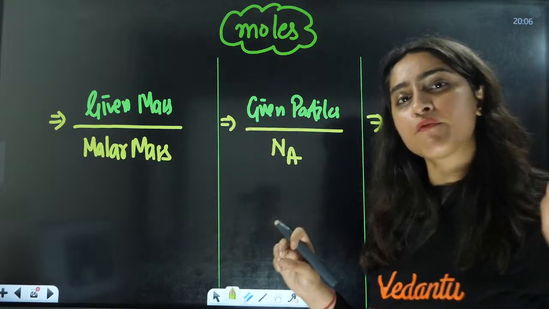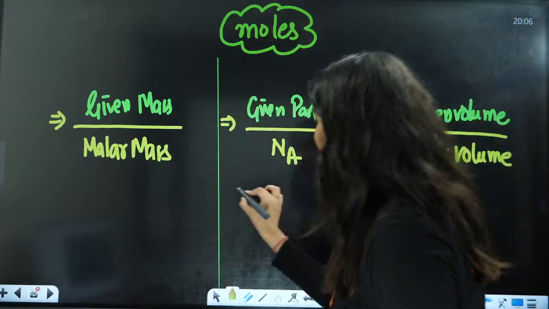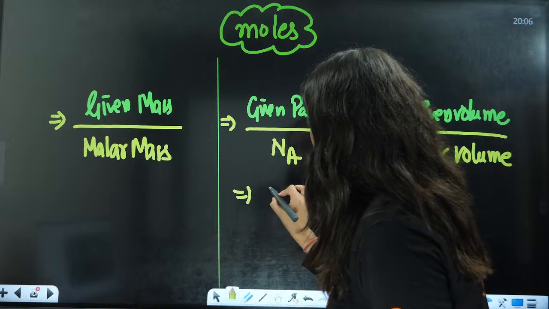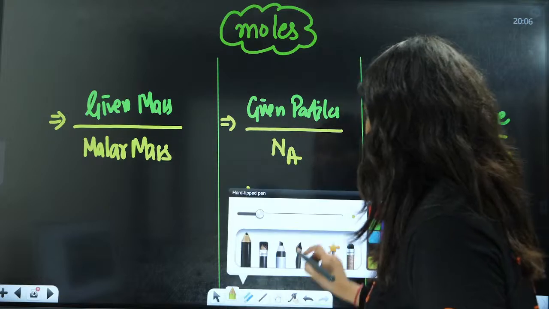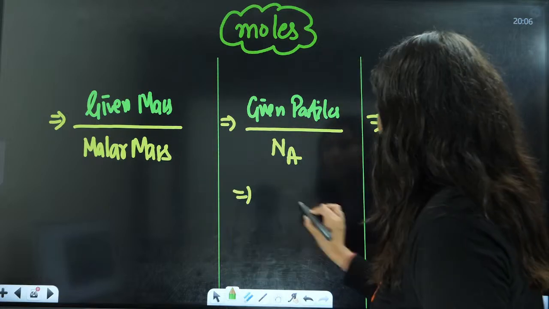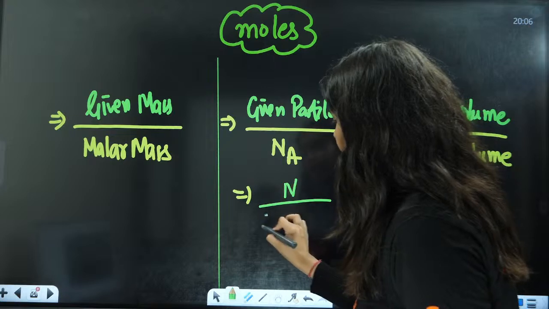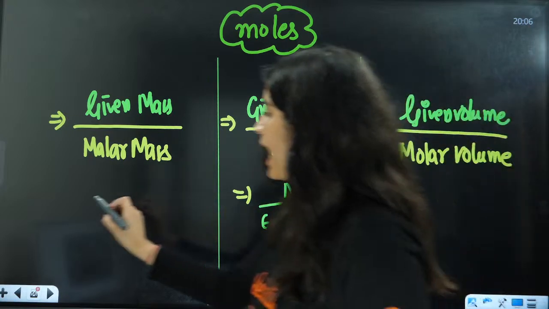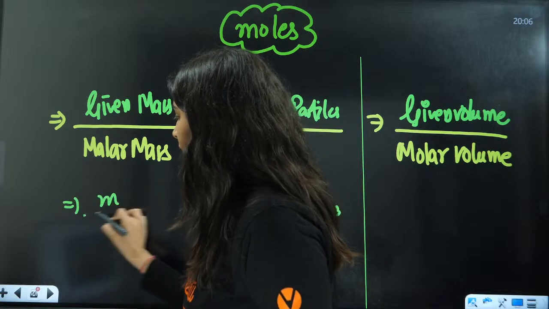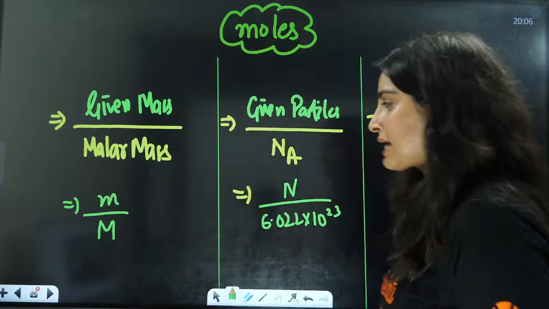Number of particles for 1 mole is going to be the same. Given particles is represented by capital N, and Avogadro's number is 6.022 into 10 raised to power 23. I represent given mass by small m and molar mass by capital M, right?